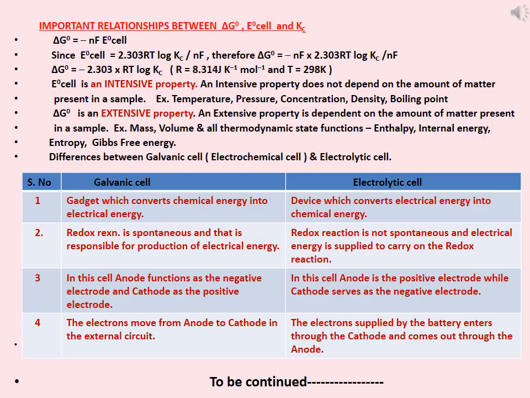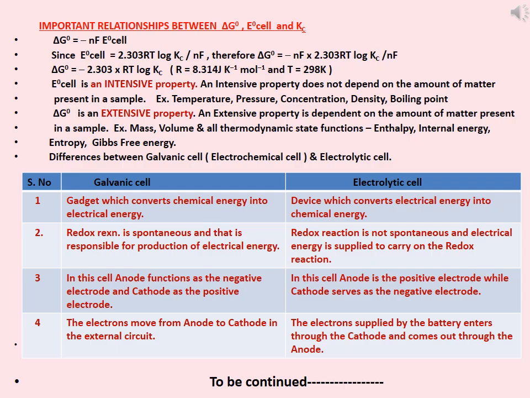Delta G naught, or Gibbs free energy in other words, is an extensive property, meaning that it is dependent on the amount of matter present in a sample.